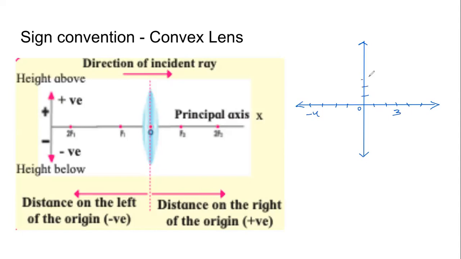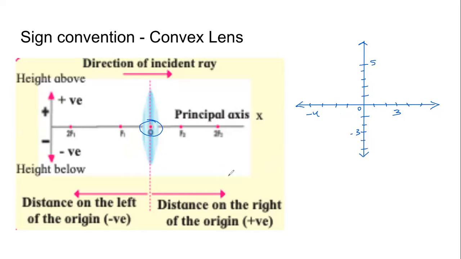Again 1, 2, 3, 4, 5, then minus 1, minus 2, minus 3, minus 4, minus 5. The right is positive, up is positive, left is negative, down is negative. This point here, which is the optical center, is the origin. So we have to imagine it as a curve.